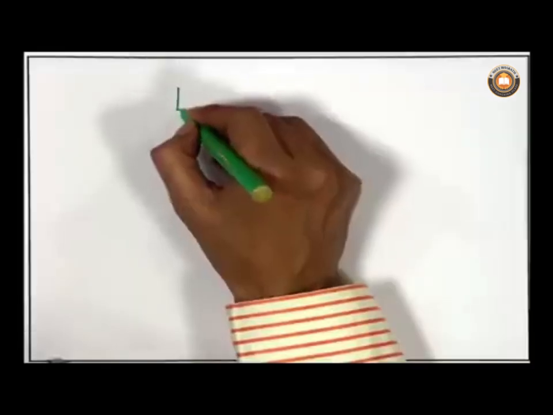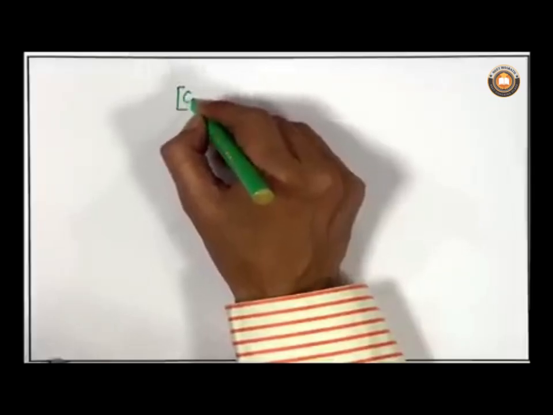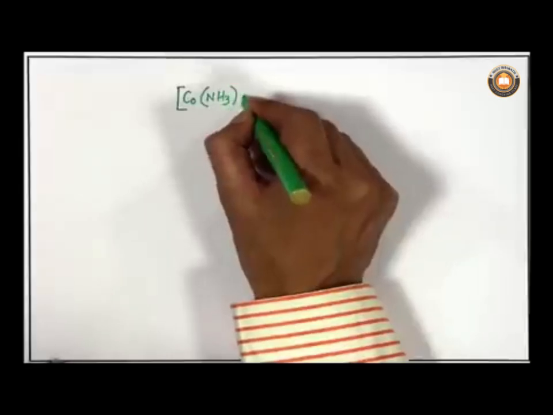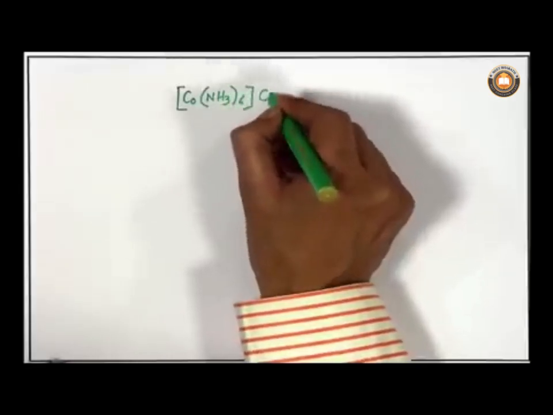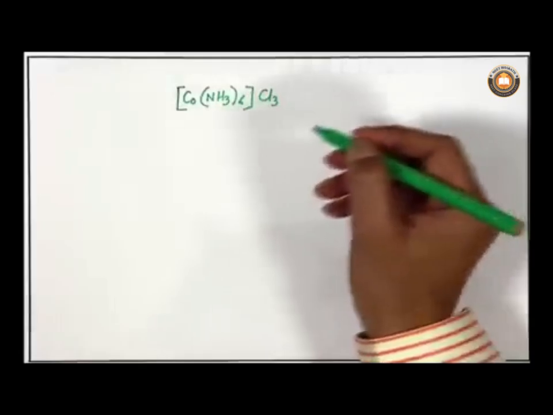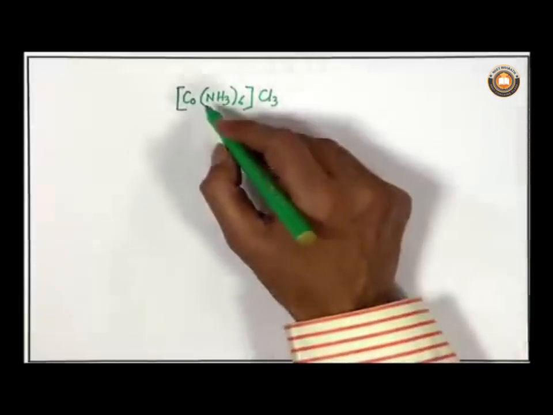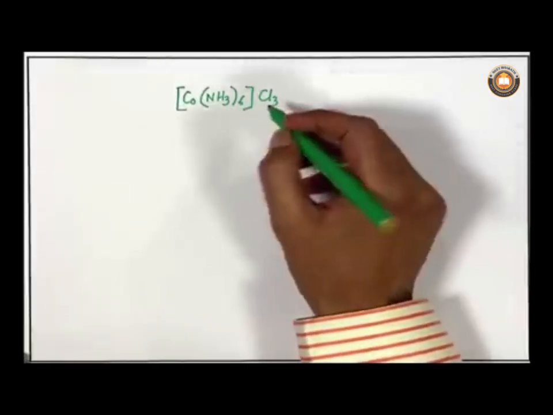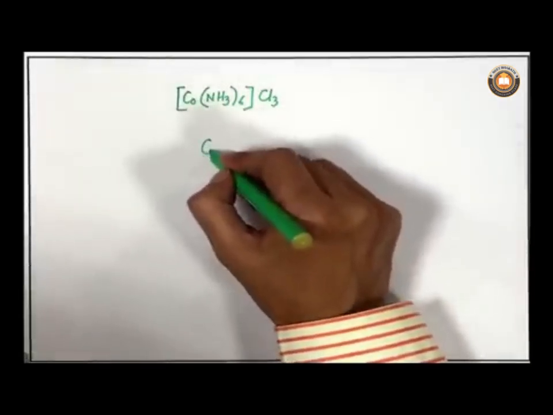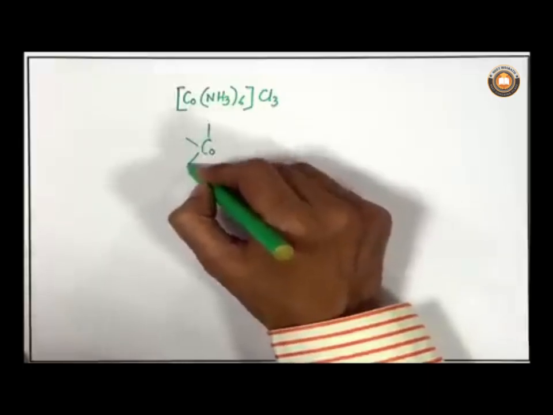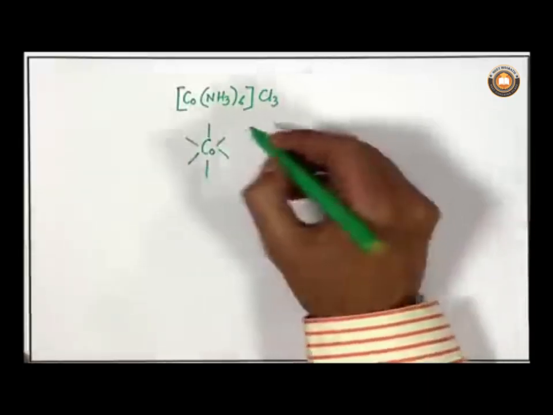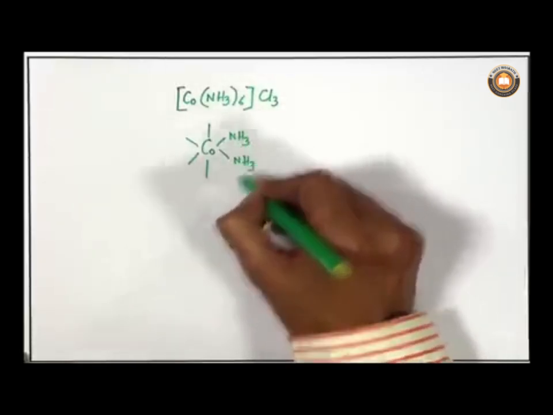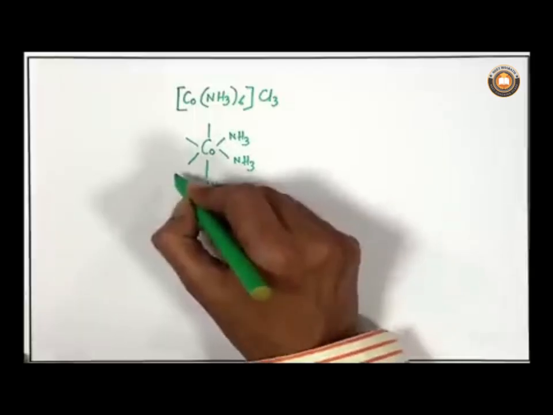So, our formula of this compound is Co(NH3)6 Cl3. That means all 6 ammonia are attached to this particular cobalt. So, in a typical form we can cover it by all these ammonia. So, this is ammonia, this is ammonia, this is ammonia.